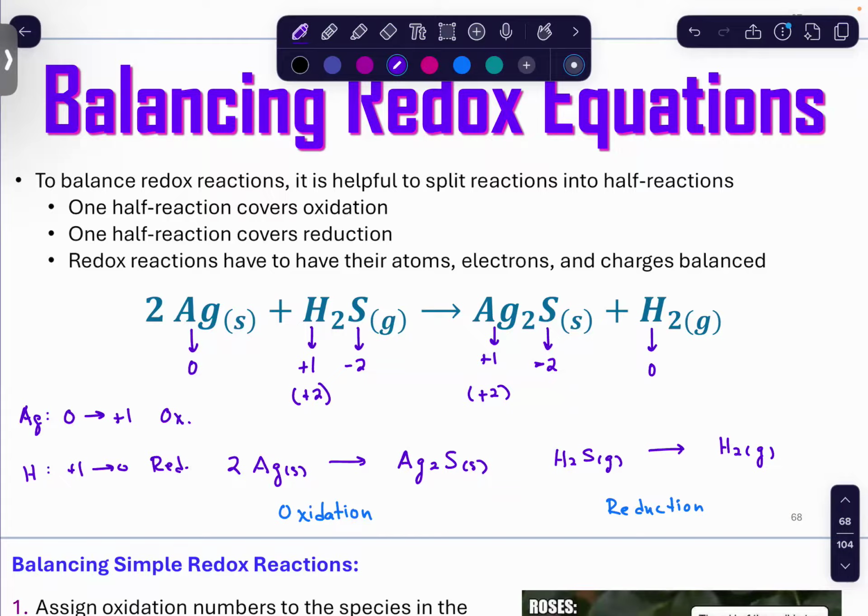I get that. But we'll deal with that as we start going through and looking at the rules of how to balance redox reactions. Right now, we're just worried about splitting this apart into an oxidation half reaction and a reduction half reaction. So again, you find the oxidation states on your individual atoms, and then you're going to take the species involved in oxidation, and they get their own half reaction, and then you're going to take the species involved in reduction, and they get their own half reaction.